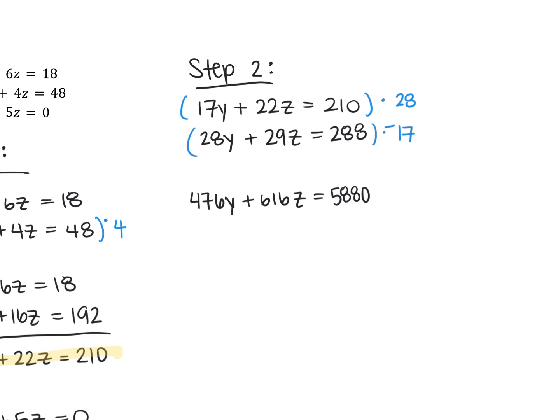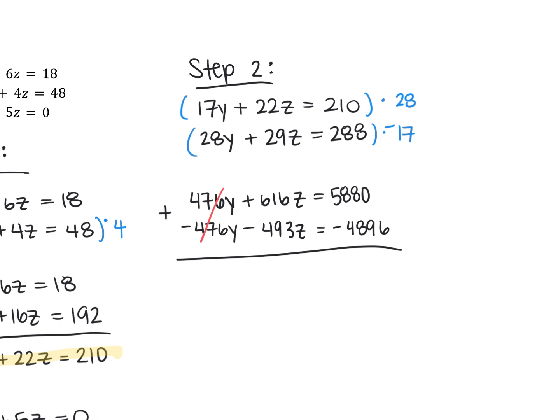And then for the second equation, we'll have negative 476y minus 493z equals negative 4,896. So we might end up with some very large numbers when we get to step 2, but our final answers are going to be nice.